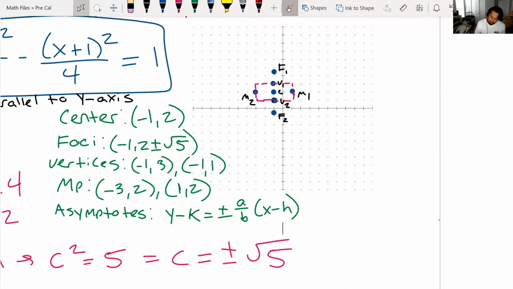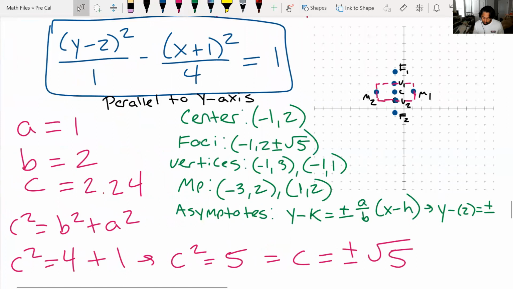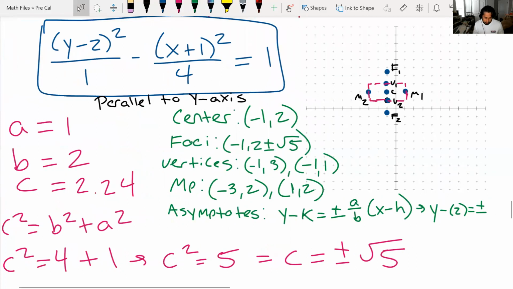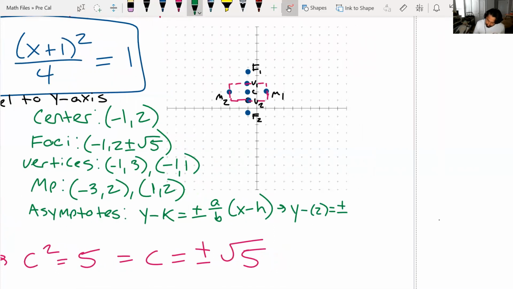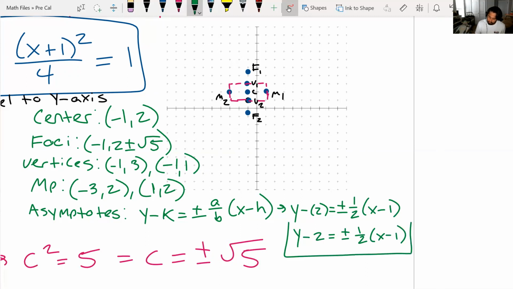Plug in what we know, and we'll get y minus 2 equal to plus or minus my a value of 1 and my b value of 2. So plus or minus 1/2 times x minus 1. And we get y minus 2 equal to plus or minus 1/2 times x minus 1. There's the equation of our asymptotes.